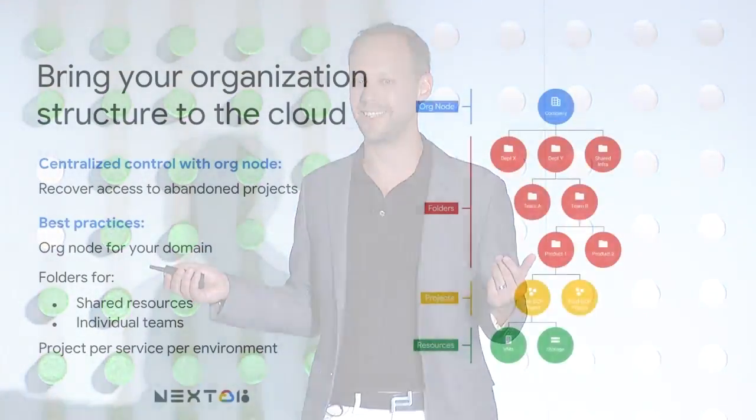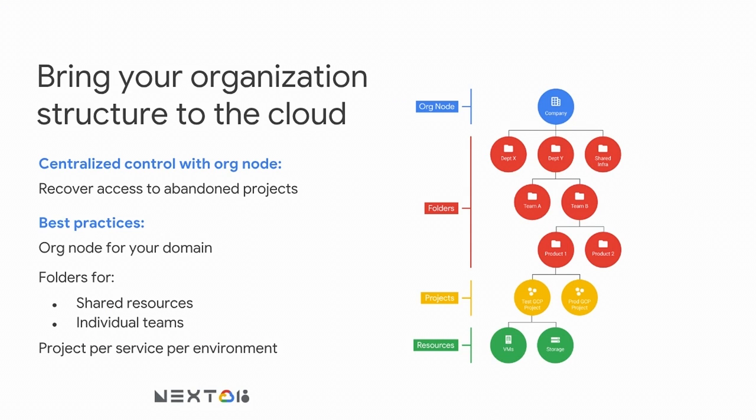Bring your organization structure to the cloud. And this is just practical. It's you setting up your company. You have thought, hopefully, deeply about who reports to whom and reporting chains, and if something breaks, who do you go to?